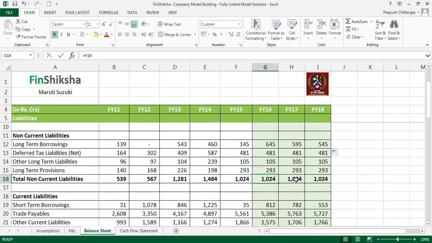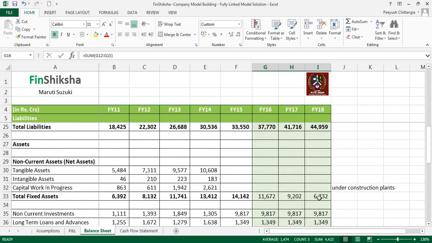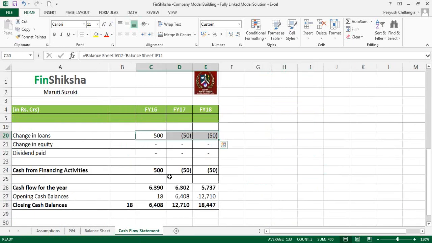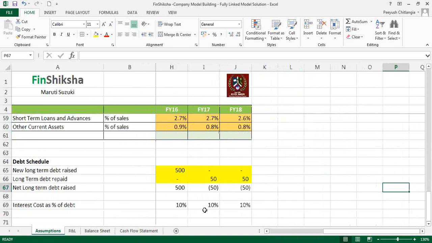That's because we have just equated it to the last year. If we take it as a sum of these four numbers, we will see that the numbers will automatically move ahead and make those changes. So what is the number that we see here now? The balance sheet balances. We already have the cash flow statement showing that you have taken a loan. This adds one more layer in terms of your overall work that is there.